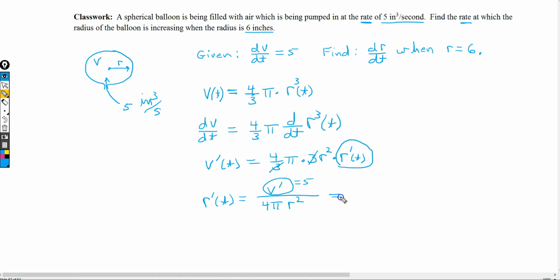And so we get that this is 5 over, and then r prime of t when r equals 6. That's just going to be 5 over 4 pi.